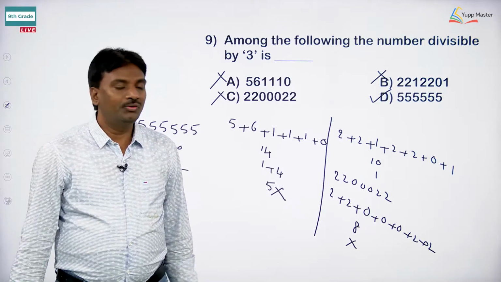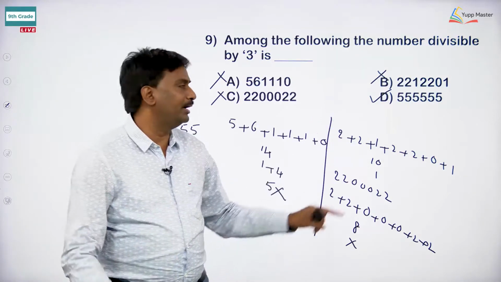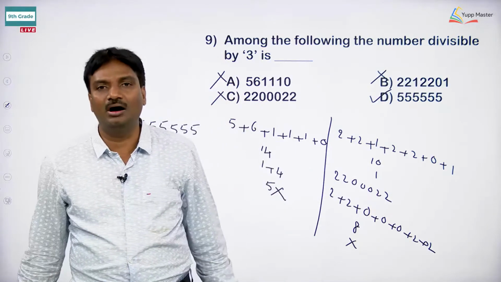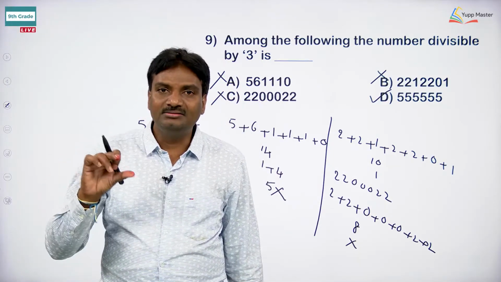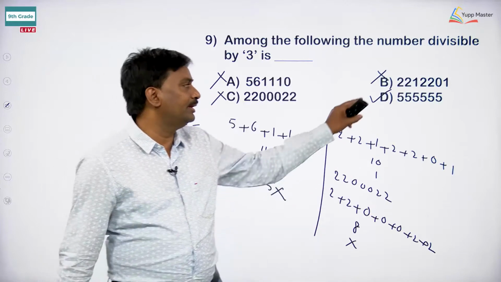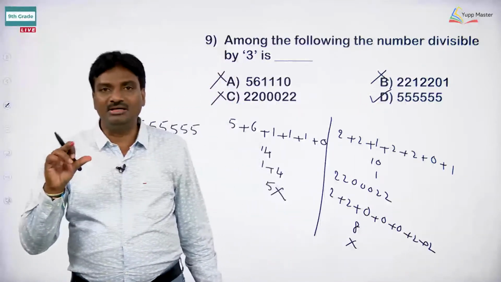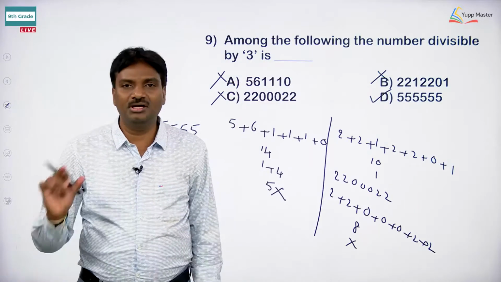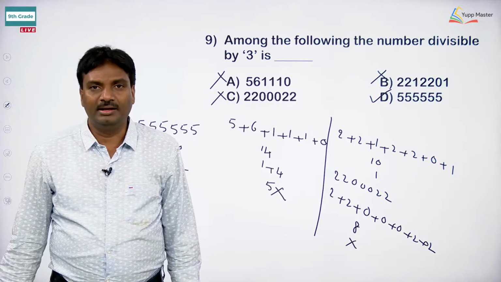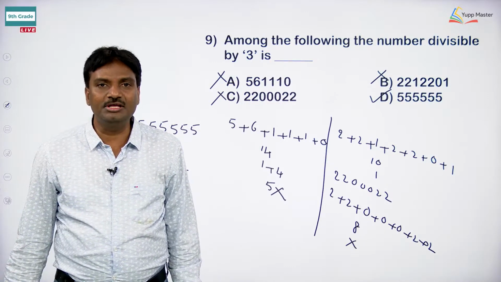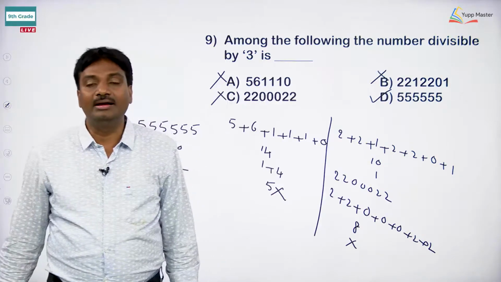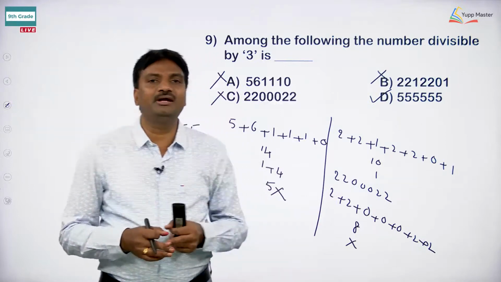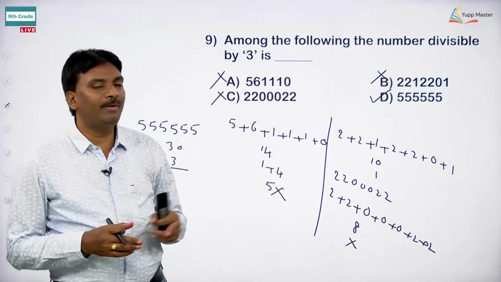Here we have checked whether the number 555555 is divisible by 3 or not. But in the examination, don't check this, because the first 3 options are not correct. The numbers in the first 3 options are not divisible by 3, so the number in option D must be divisible by 3.